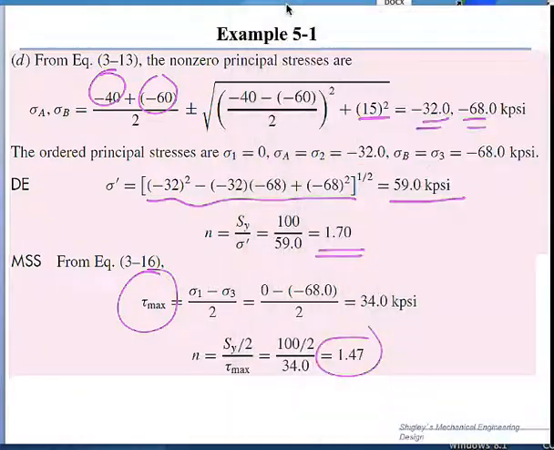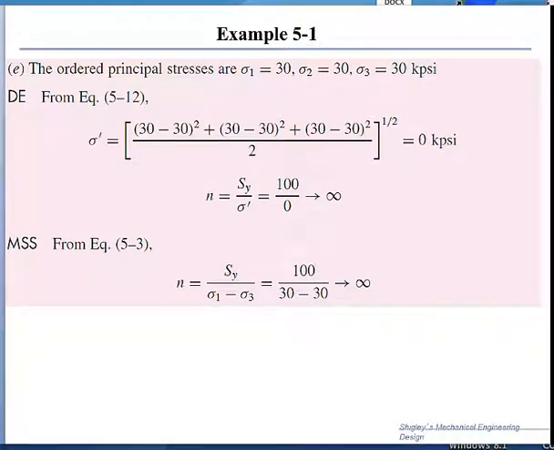So now the last example here is E, and in E it's kind of unique because we have a hydrostatic stress state. All of the 3 principal stresses are equal, and there's no shear. Then when you compute the von Mises stress, it turns out to be 0, which is what we expect, because there's no deviatoric component, there's no energy stored in the deviation from hydrostatic stress state.